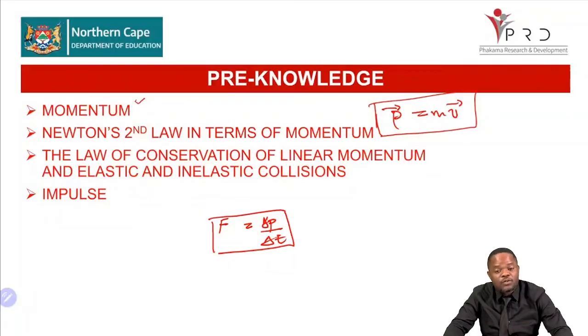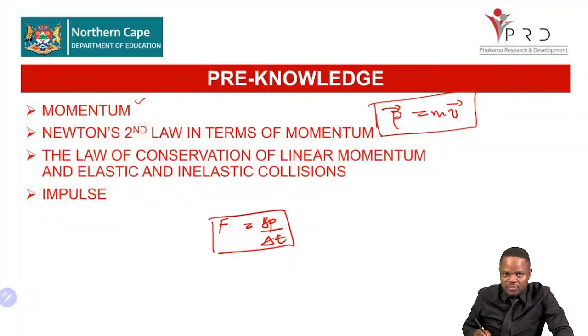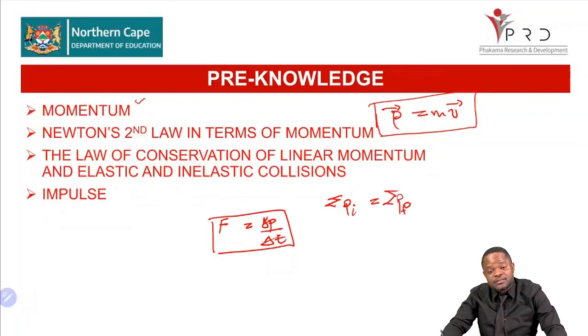The third part is the law of conservation of linear momentum, and elastic and inelastic collisions. The sum of the initial momenta before collision is equal to the sum of the final momenta after collision. That is the conservation of linear momentum.